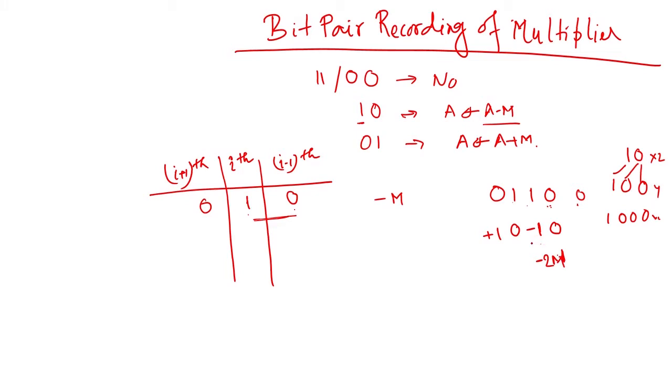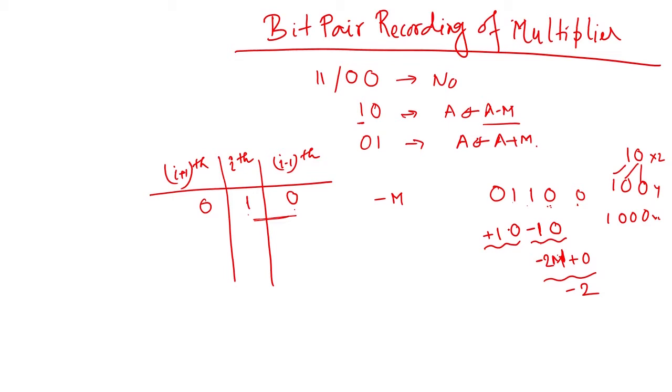Now, if you combine these two, this position is 0 and this position is minus 1 with the factor of 2, so you will get minus 2 times m. Similarly, if you combine these two bit positions, that is called a bit pair.